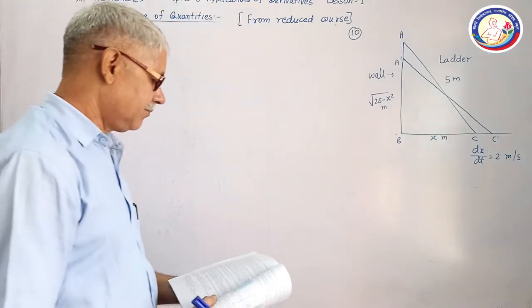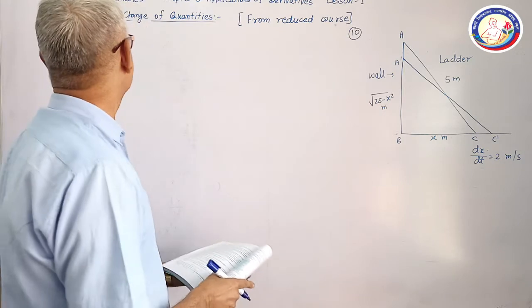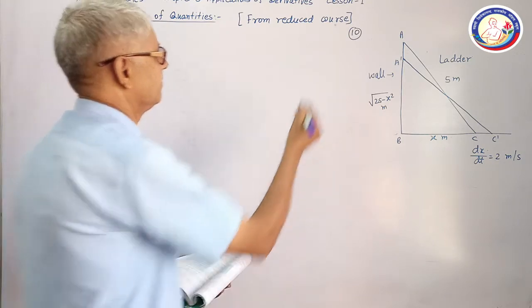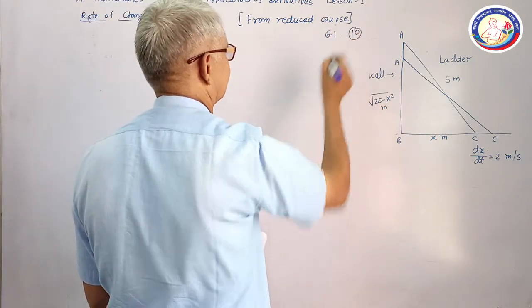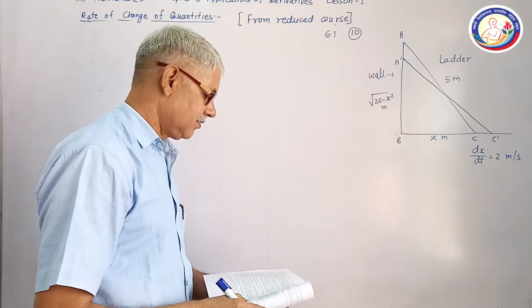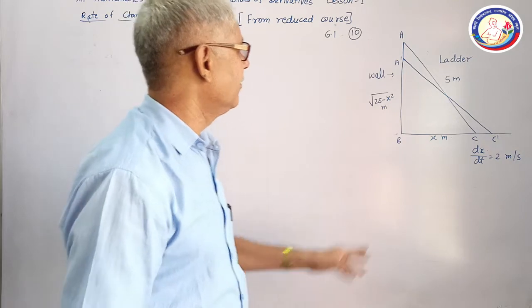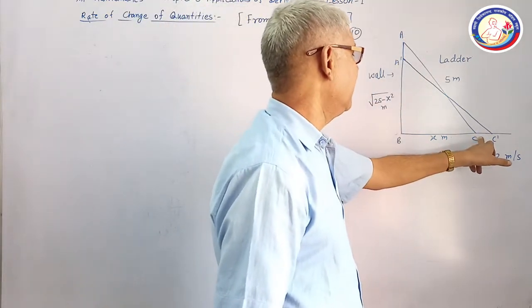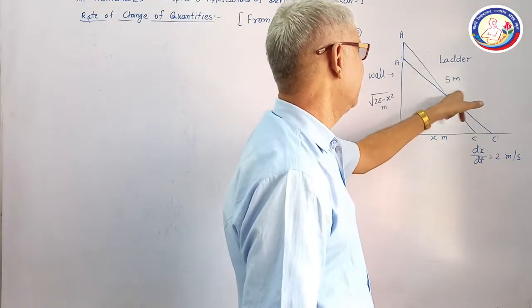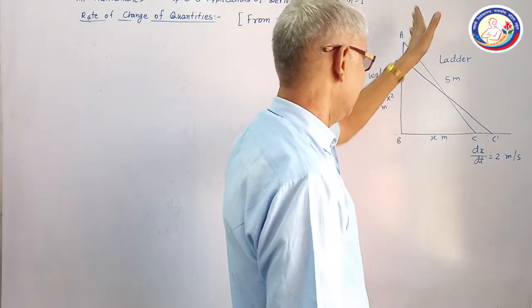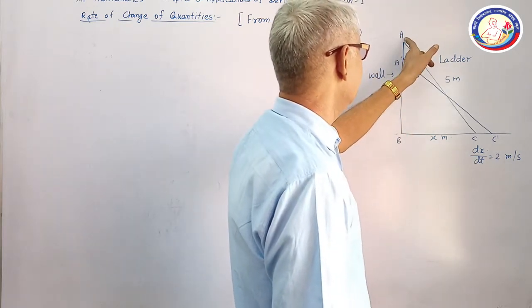Now I am taking question number 10 from exercise 6.1. It says a ladder of 5 meter long is leaning against a wall. Let AC be the ladder of length 5 meter and it is leaning against a wall.